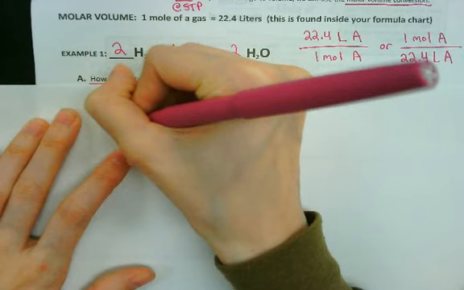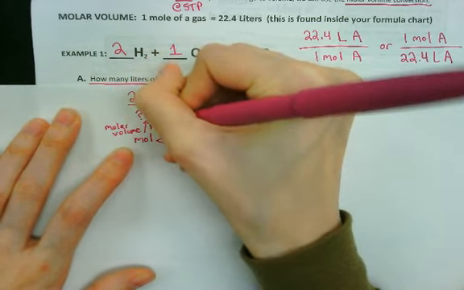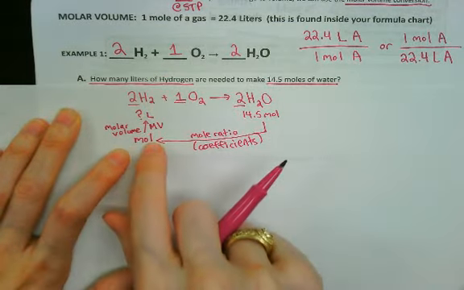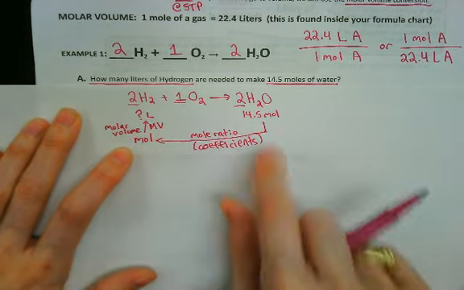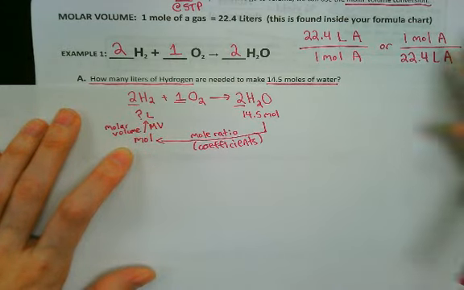So I'm going to make a note. This is molar volume. If you want to abbreviate it as MV for molar volume, you can do that. But that is the conversion that we are going to use to get us from moles to liters. And so I have drawn myself 2 arrows here. That means this is going to be a 2-step problem.